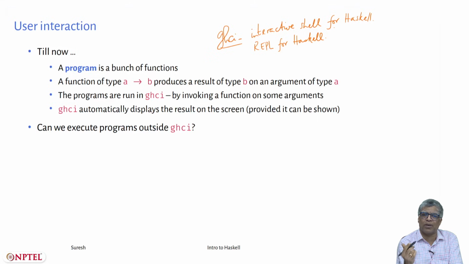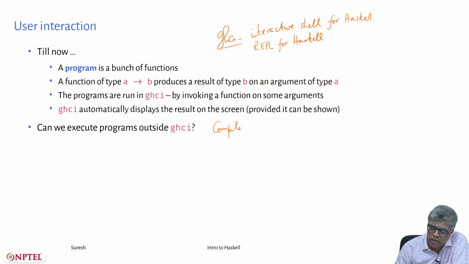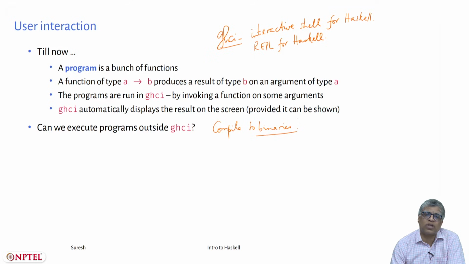Rather, you would compile your programs to binaries, as it's called, and then you would send the binary, and the client is supposed to execute the binary without worrying about whether the client has Haskell installed even. If you have compiled your program for a specific architecture, then you should be able to run the binary on that architecture.